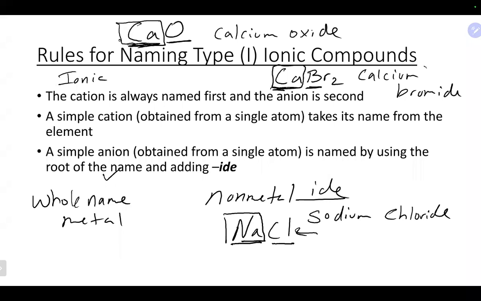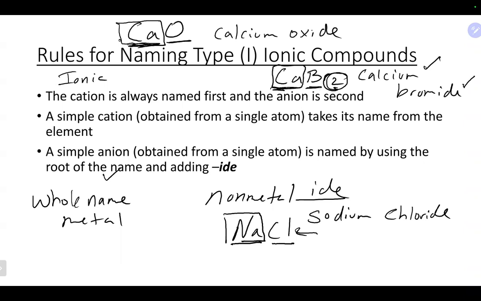I use the whole name for calcium. The second guy gets an IDE. The 2 here does not matter in terms of naming. You should not do any type of prefix because you think it sounds more chemistry-like. So there is no dibromide happening here. A big X happens if you put dibromide.